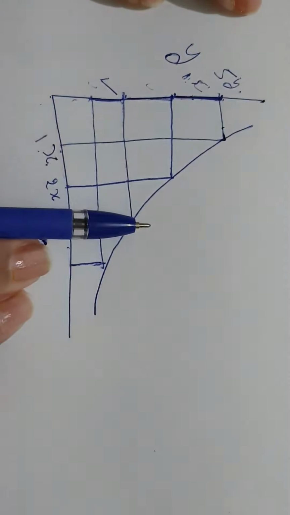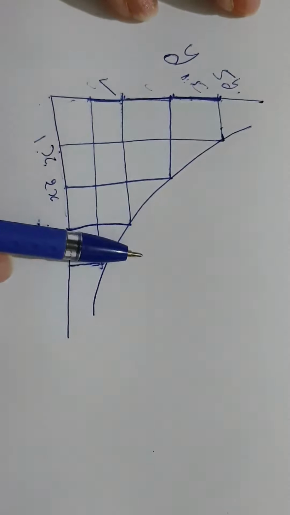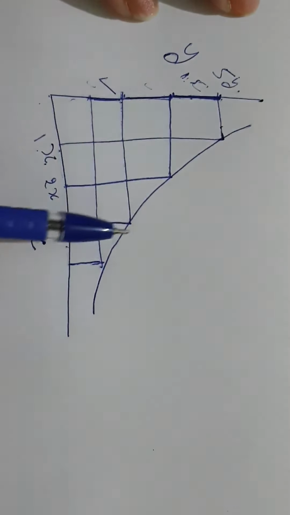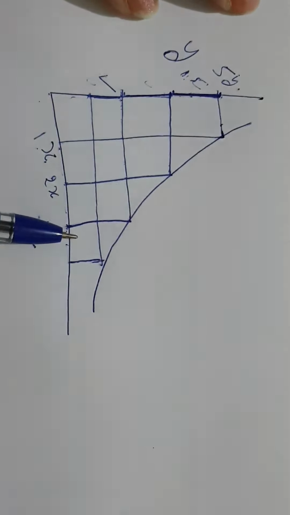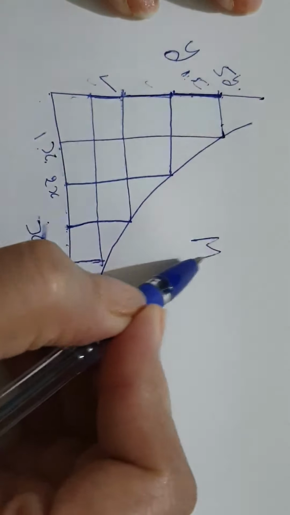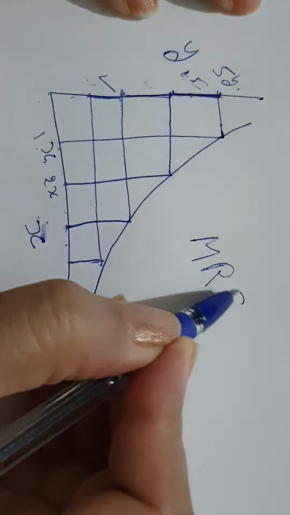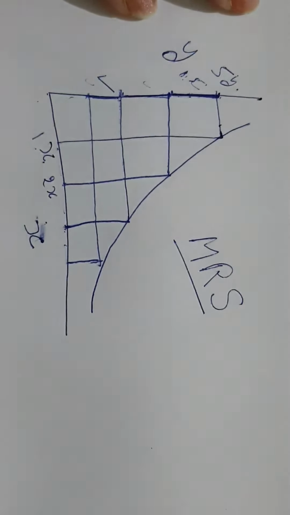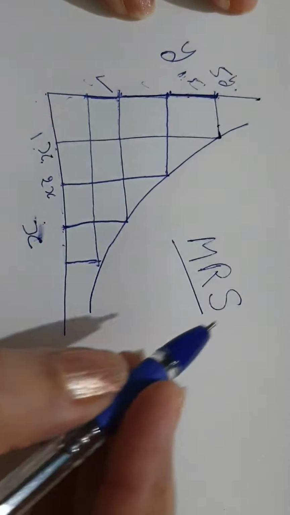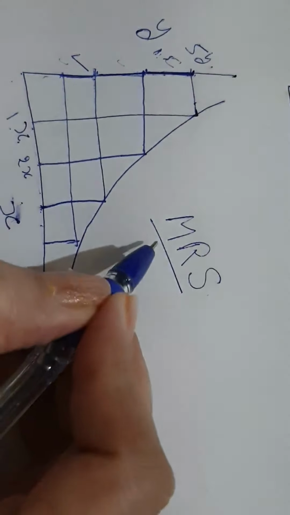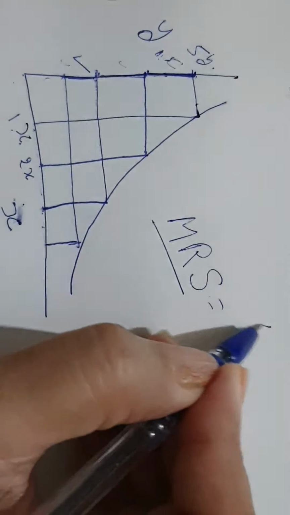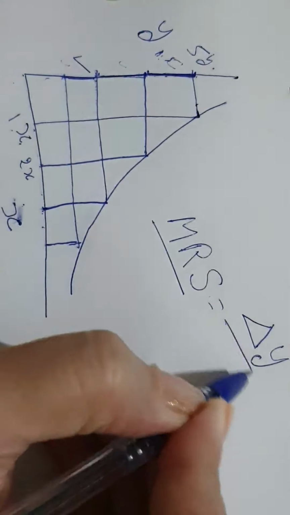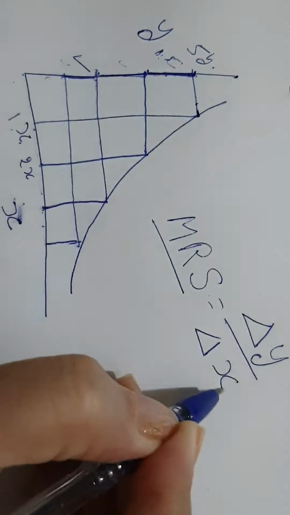So you can say that the rate at which you are substituting y for x is decreasing. This rate is called the marginal rate of substitution. And how to measure the marginal rate of substitution? Change in y due to change in x.